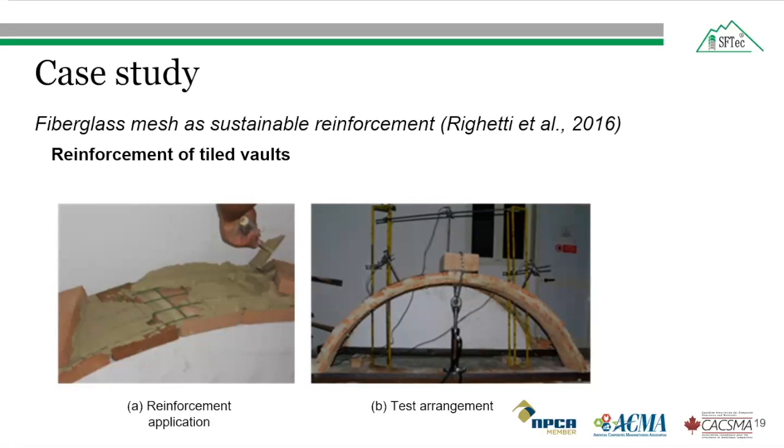The specimen arches had a span of 2000 millimeter with a corresponding height of 700 millimeter above the springing level. The unreinforced arches were built using flat rectangular tiles in 2 or 3 layers, having an overall thickness of 80 or 130 millimeter. 12 specimens were reinforced with 66 by 66 millimeter glass fiber reinforced polymer mesh.